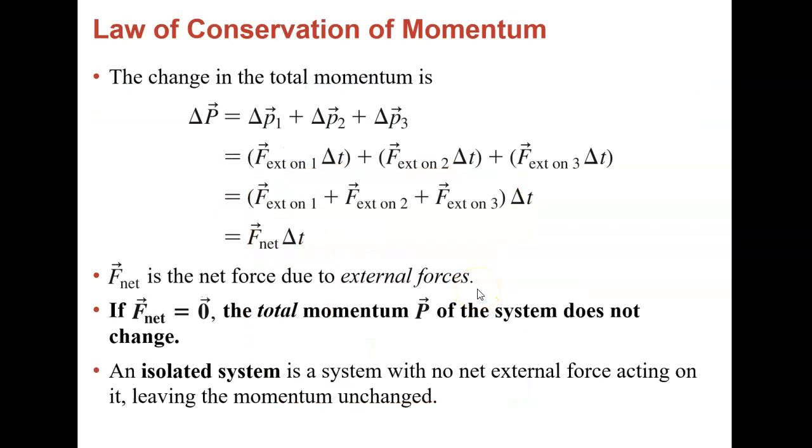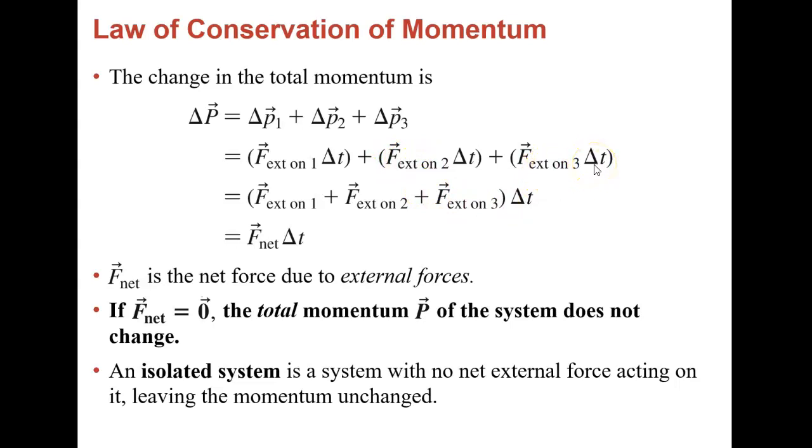All right. So the change in the total momentum is equal to the sum of the changes in momentum: the force on the first object times the time it was exerted, plus the force on the second one times the time it was exerted, plus the force on the third one times the time it was exerted.